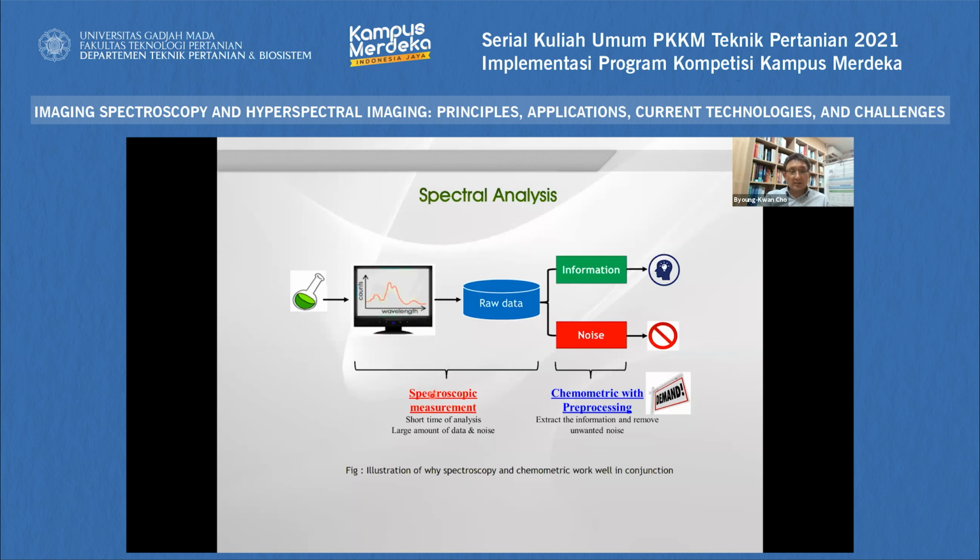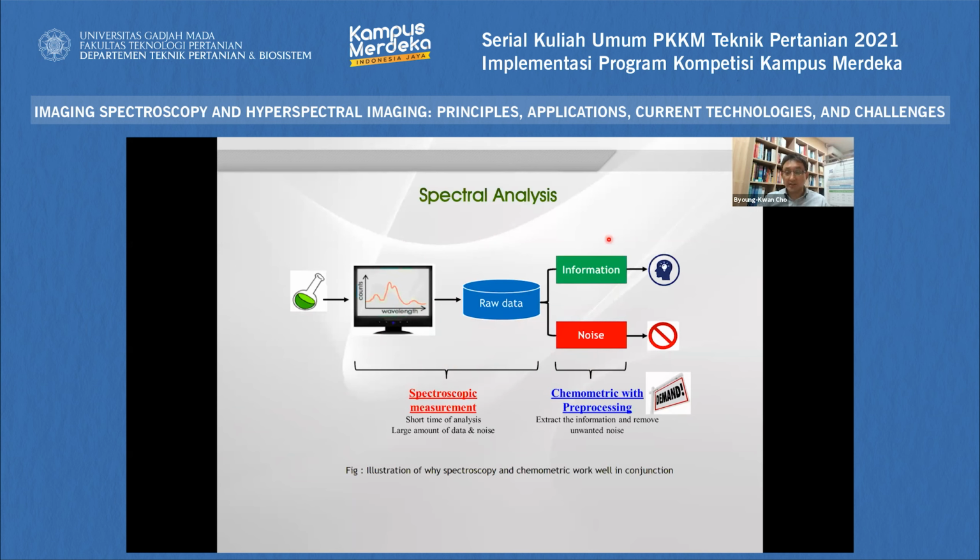Once we get a hyperspectral image, it's all about spectral information. The raw data is a spectrum. Using that raw data, we have to minimize the noise and unwanted information, and then extract some good information.